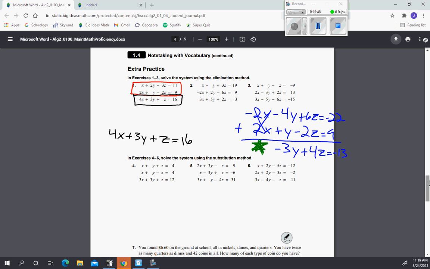But we have to, again, multiply and manipulate these equations to get rid of a variable. Let's see. I'm just going to choose the second equation. So 2x plus y minus 2z equals 9. Now, I have to get rid of x. I got rid of x the first time, I have to get rid of x this time. Down below I have a 4x, so I need this to be negative 4x. So I need to multiply that top equation by negative 2.